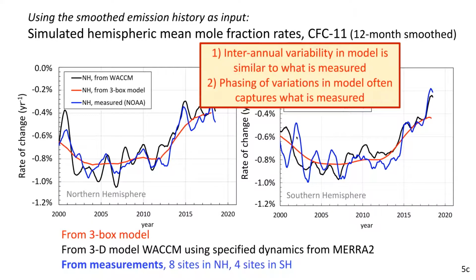And I would also point out that some of these differences could be due to short-term changes in emissions, although for F11, we'd expect those short-term changes in emissions to be rather small compared to a slow-moving change in emissions over time.